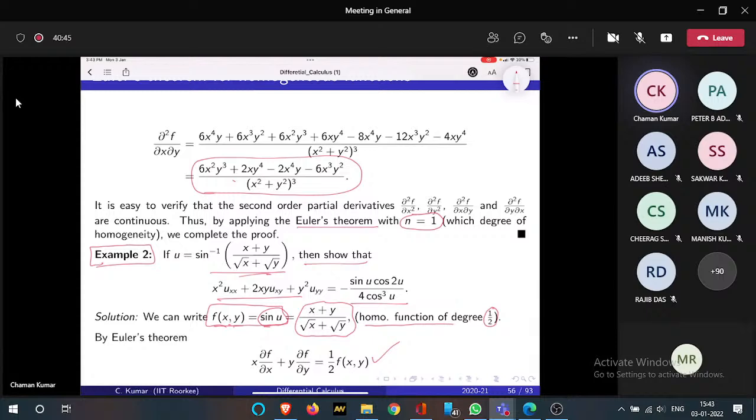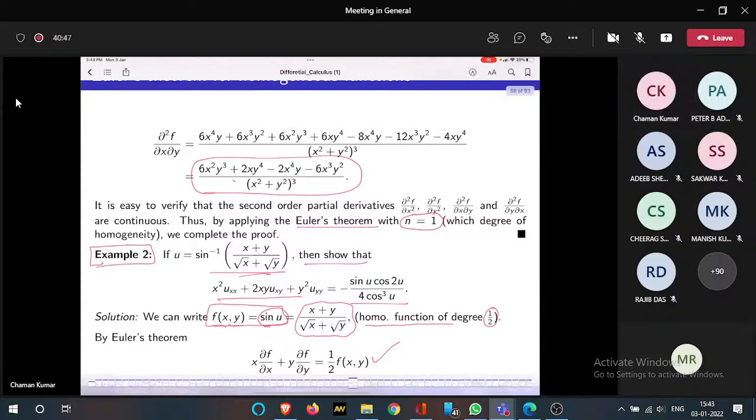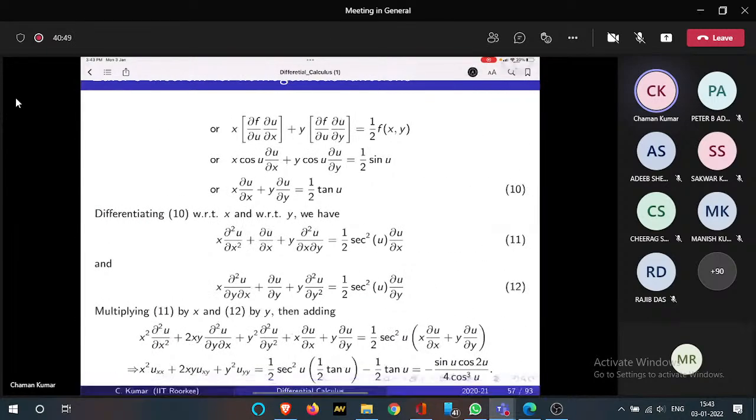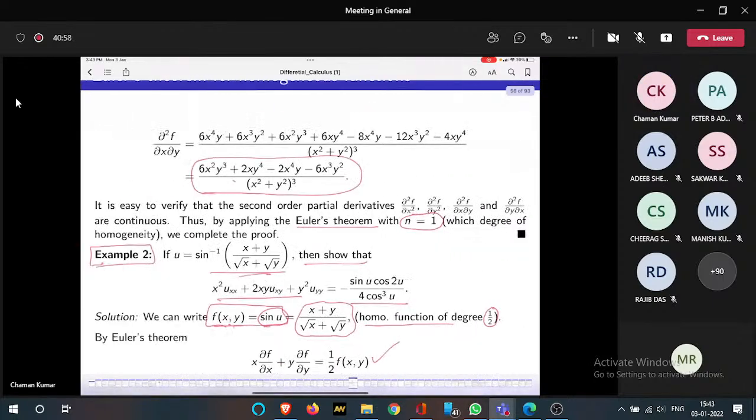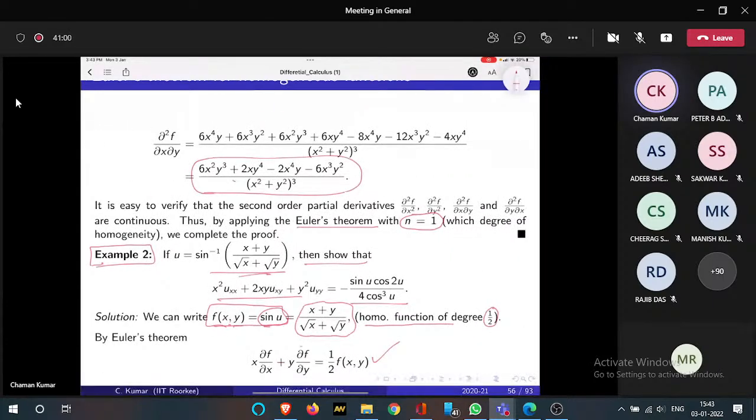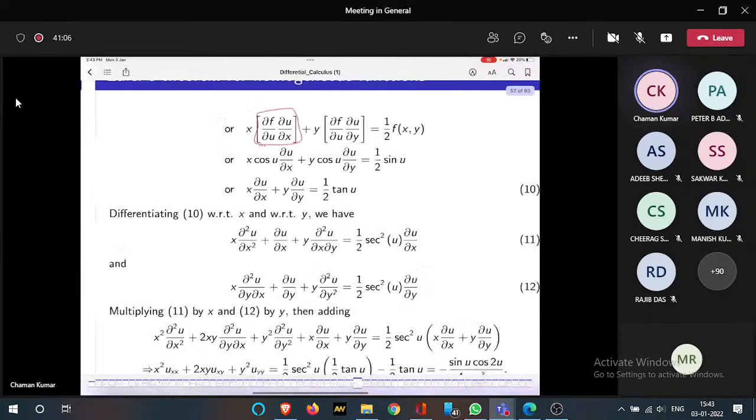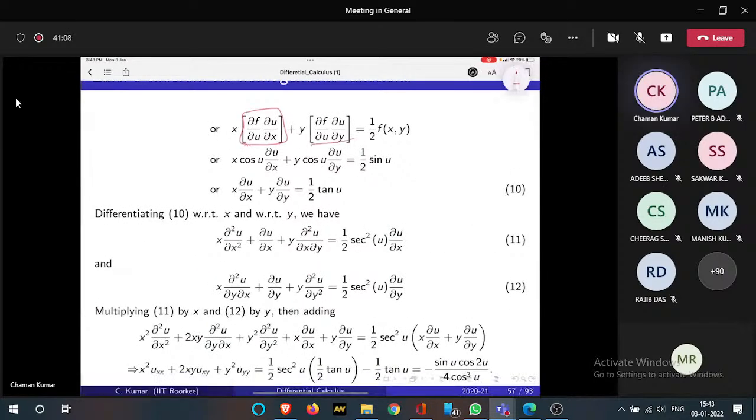So you can differentiate f with respect to u and then u with respect to x. So you get this one. And similarly, the second term, the partial derivative of f with respect to y, can be written in this form.